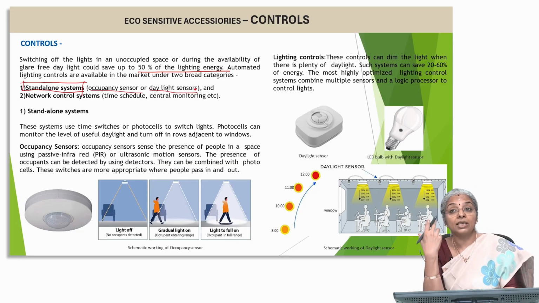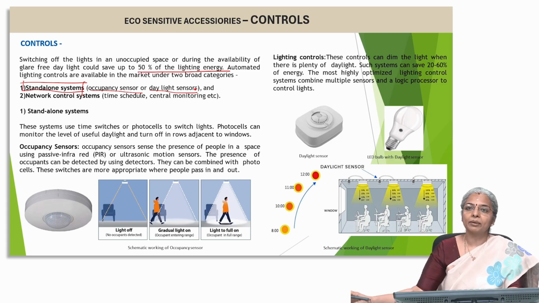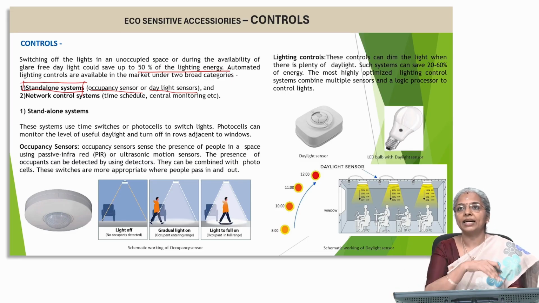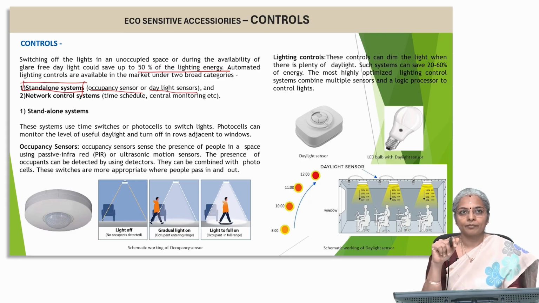Even though we have seen occupancy sensors and daylight sensors at great depth, we will quickly see what they are. Stand-alone systems use time switches or photocells to switch lights. Photocells can monitor the level of useful daylight and turn off lights in rows adjacent to the windows.